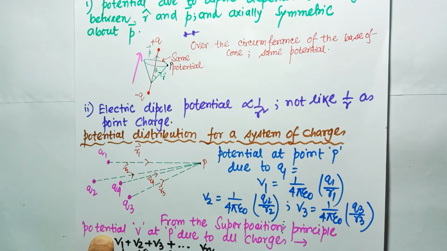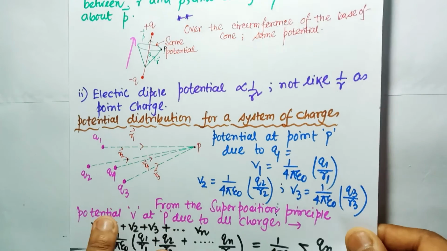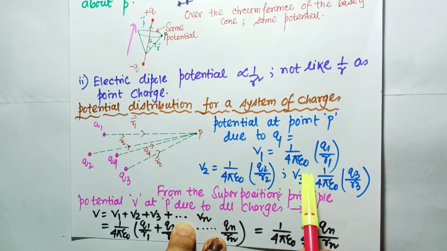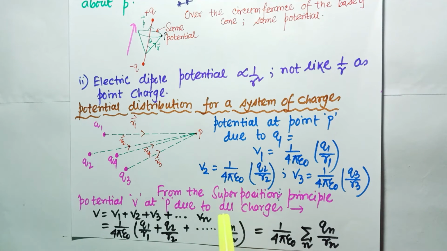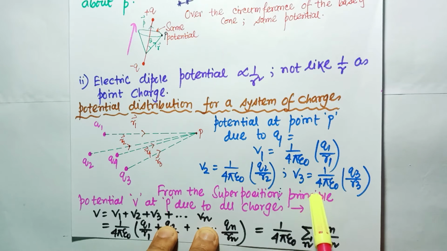So the potential V1 at point P due to the charge q1, for a single point charge, is V1 equal to 1 by 4 pi epsilon naught times q1 by r1. Similarly V2 is equal to 1 by 4 pi epsilon naught times q2 by r2. V3 is equal to 1 by 4 pi epsilon naught times q3 by r3.